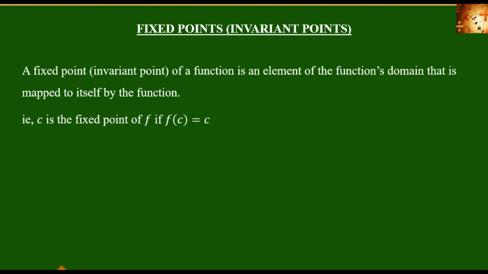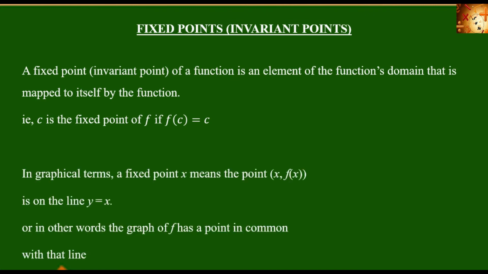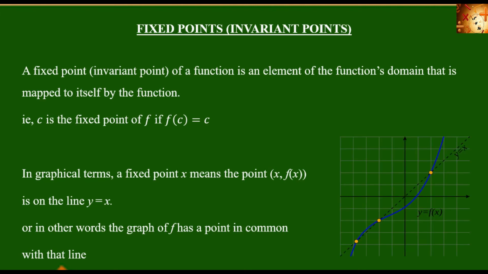In graphical terms, it means the point x comma f of x is on the line y equal to x, because here the domain and the range coincide, or in other words the graph of f has a point in common with that line. So if f of c equal to c or f of z equal to z, then we say that z is a fixed point or an invariant point.